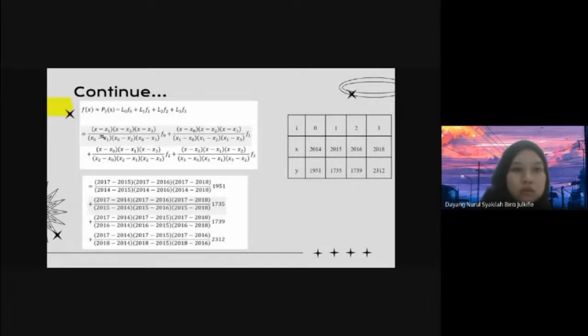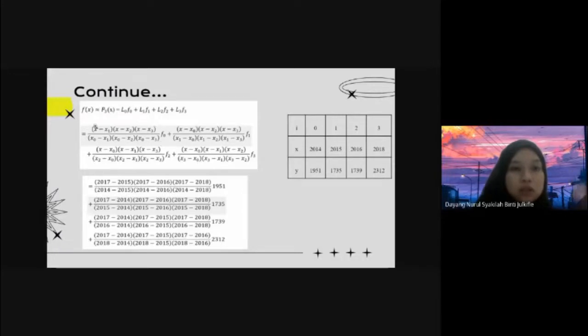For the L0 formula, we have x minus x1, x minus x2, and x minus x3, divided by x0 minus x1 times x0 minus x2 times x0 minus x3.